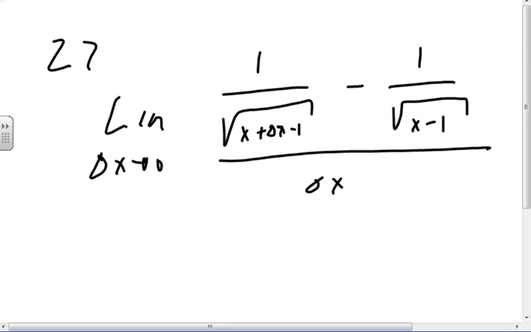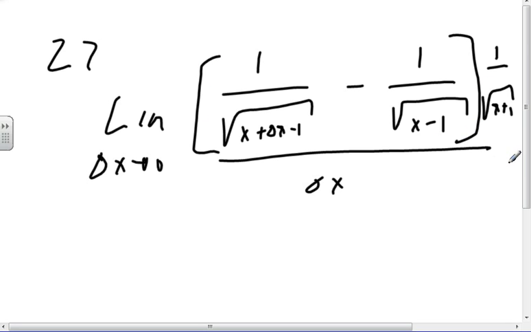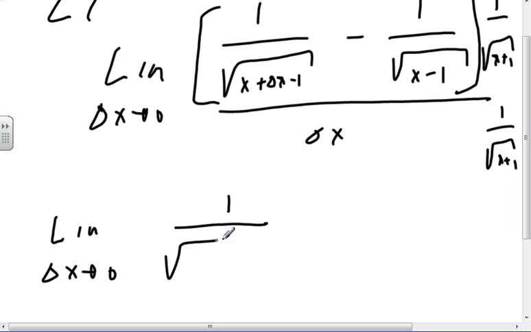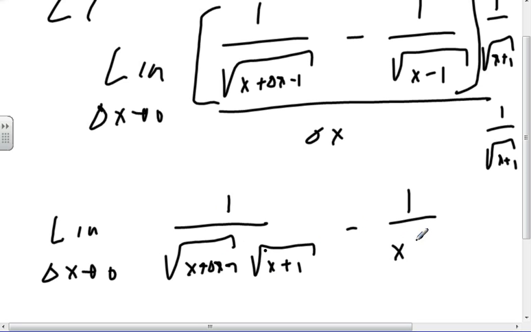What I'm going to do is multiply this guy by 1 over the square root of x plus 1. Alright, so if I do that, I'm going to have the limit as delta x goes to 0 of 1 over the square root of x plus delta x minus 1 times the square root of x plus 1 minus 1 over the square root of x squared minus 1.